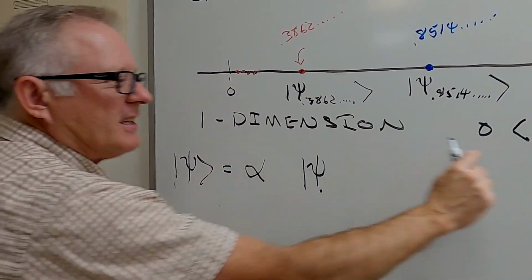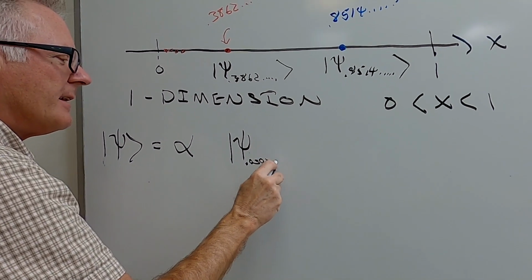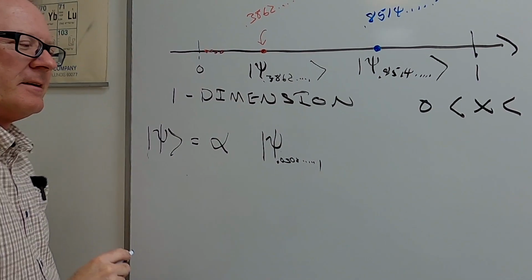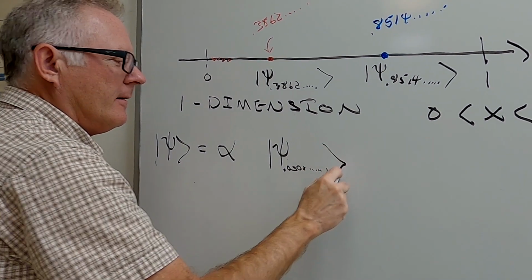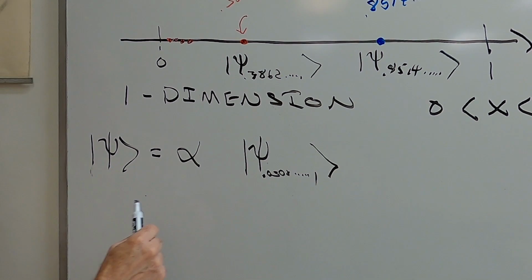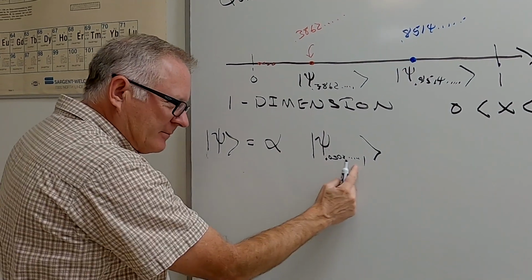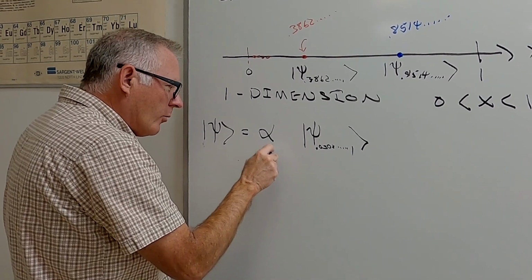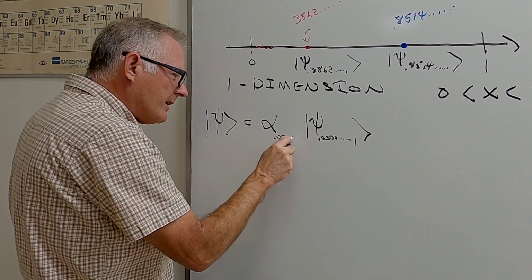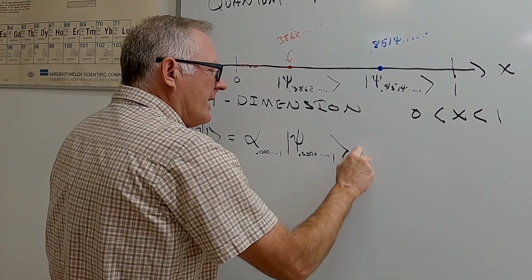It can't be 0 because I said greater than 0, so 0.0000...1, forever, 1. But I don't want to call this alpha 1 because I'll run out of alphas, so I'll give it the same subscript as that one: 0.000...1.